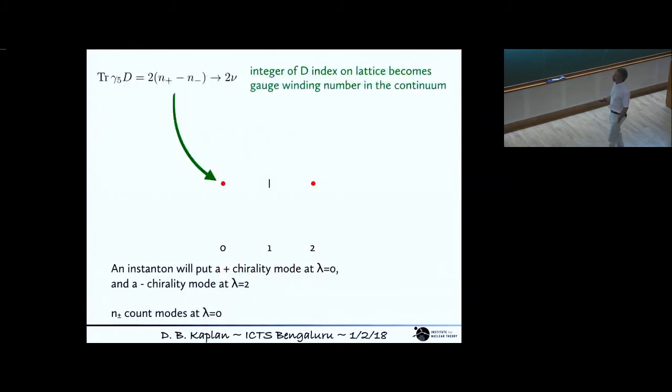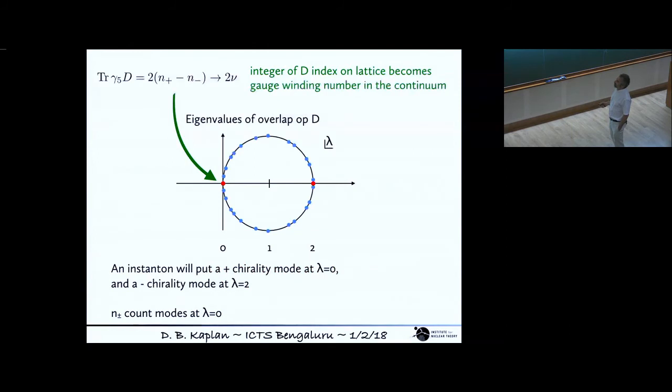Now, if you look at the spectrum of eigenvalues, the case where you have non-zero topology in the gauge field is a little bit funny at first, because the eigenvalues on the circle are paired plus and minus. And so it looks like, how would you ever end up with a mismatch in eigenvalues? And the answer is that non-zero topology, instead of merging together, whether both of them sit at this point or that point, they get split, and you have one at each of these points.